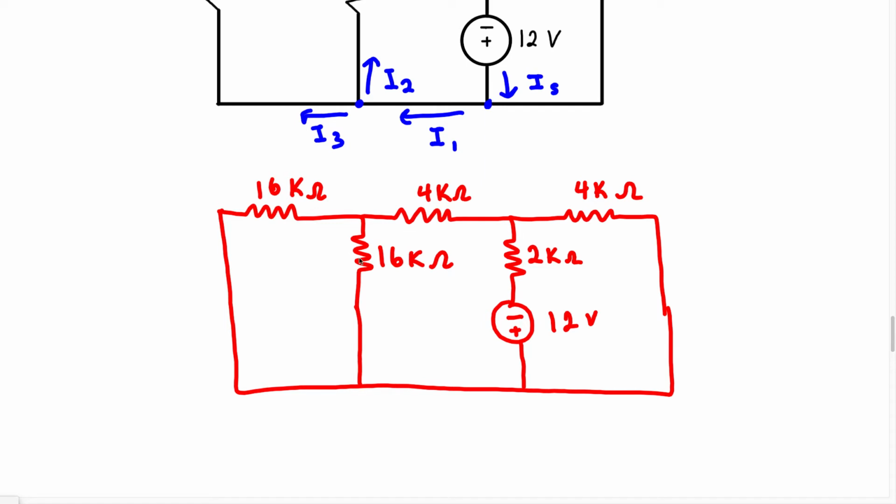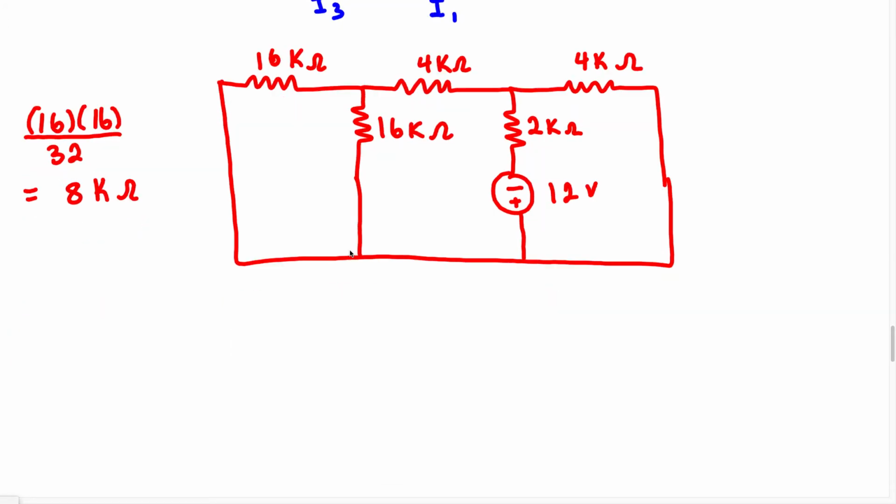Now we can continue to reduce this. We know these two resistors are actually going to be in parallel. So when we find the parallel equivalent for these two resistors, we can say 16 times 16 over 32, and that's going to give us 8 kilo ohm. So let's now redraw this circuit, and it's going to look like this.